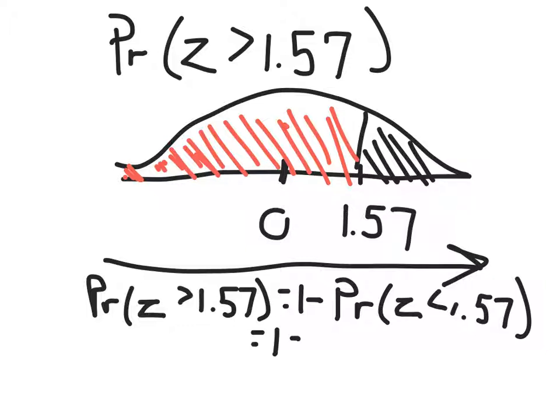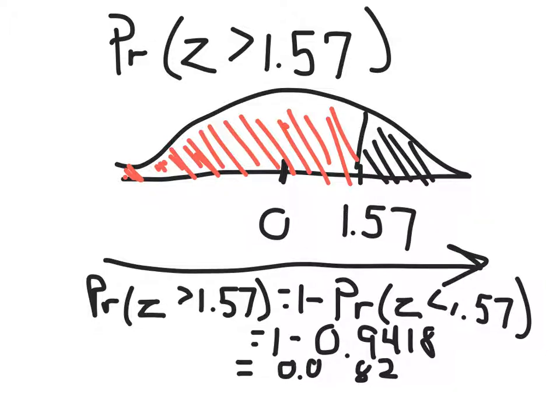I go to 1.5, scooch over to 07, and what do I find? I find 9418. Everybody finding that? Good. And I do my subtraction, and I get 0582.